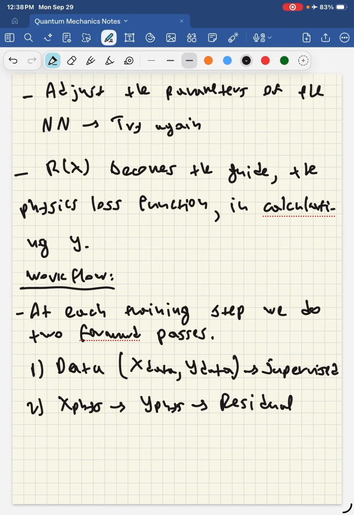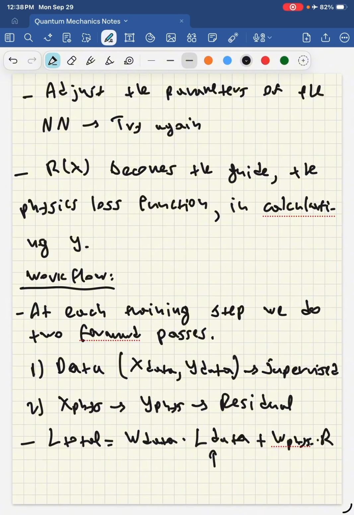Okay, and we pretty much use a total loss equal to some weight data times the loss that comes from the data, and this is the squared error loss, plus some weight for the physics part times that residual.